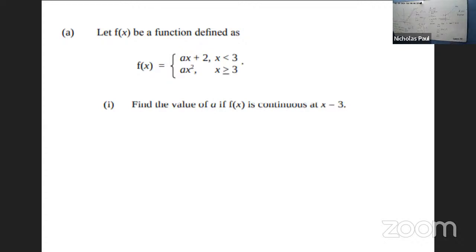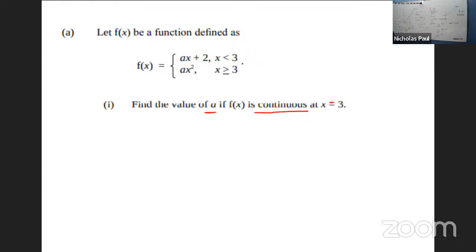All right, so the value of A, because it's continuous, right? If it's continuous, what do we know? The limit exists, number 1, and what else? When the function is 3, they both equal. Remember that?